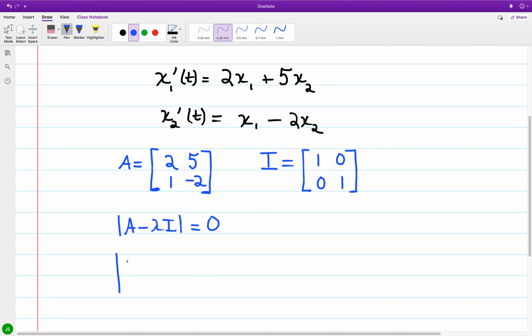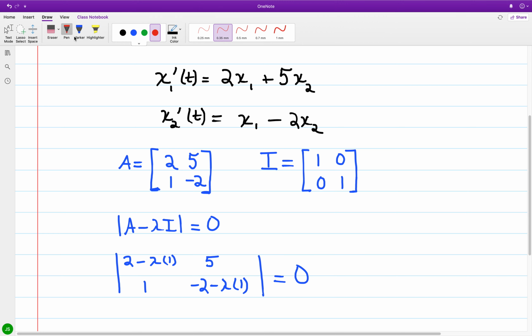First column, first row from both A and I, we have 2 minus lambda times 1. First column, second row, we have 1 minus lambda times 0, which will still be 1. Second column, first row, A is 5, and minus lambda times 0, so we're locked in at 5. Second row, second column, we have negative 2 minus lambda times 1. And this is equal to 0.